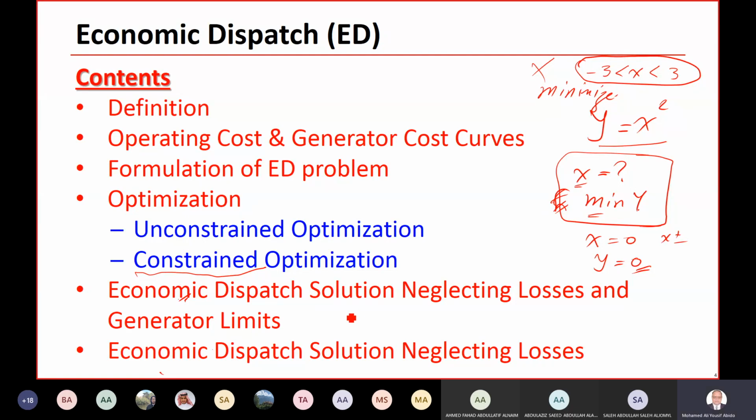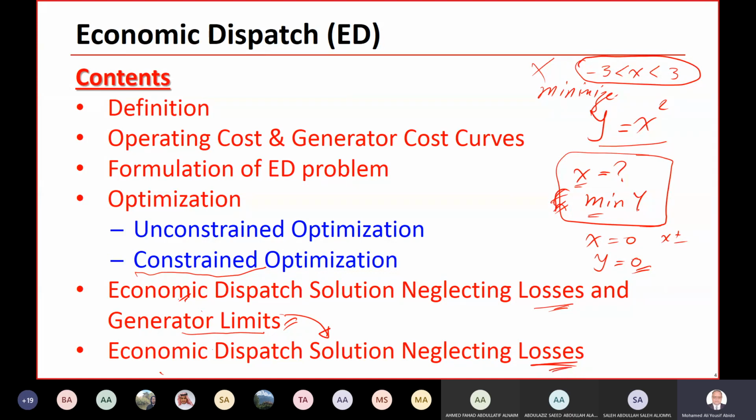Okay, so economic dispatch solution neglecting losses and the generator limits. These are some of the constraints that could be in an economic dispatch problem. If you incorporate the losses and also if you incorporate the generator limits, we will resolve the problem, but here we will add the generator limits as a constraint, and we neglect also losses here.